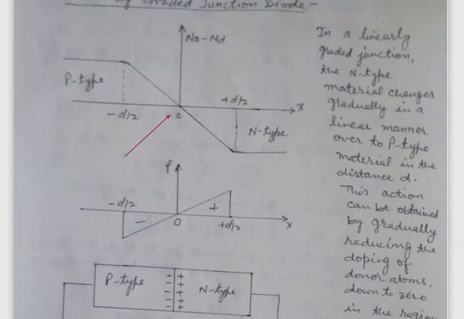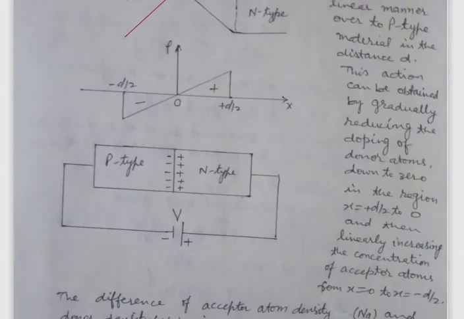linear. In the second diagram, we have shown the space charge density across the depletion layer. The depletion layer is not completely free of charge carriers. So there are positive and negative charges respectively in the n-type and the p-type regions around the depletion layer.